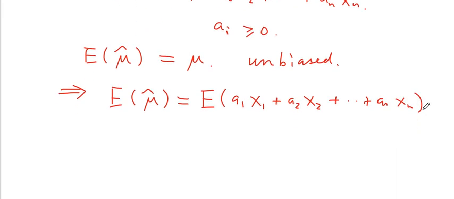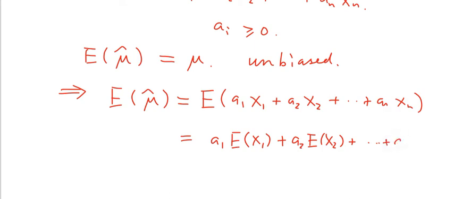Taking the expectation, we have a1 times E of x1, plus a2 times E of x2, plus up to an times E of xn. Each of these expectations equals mu.